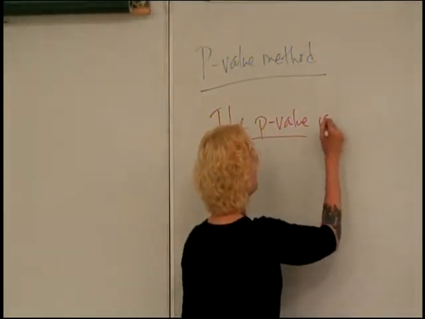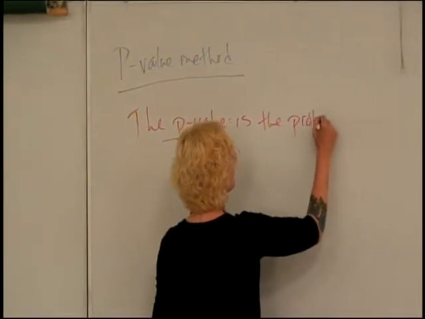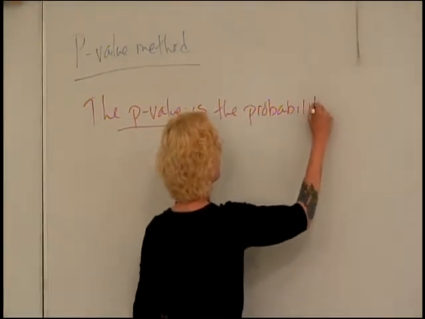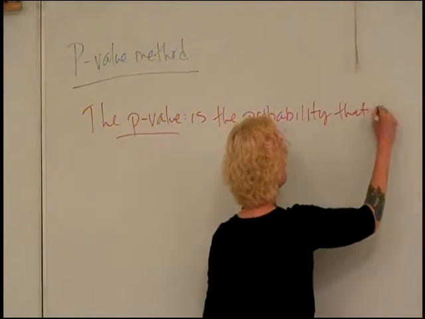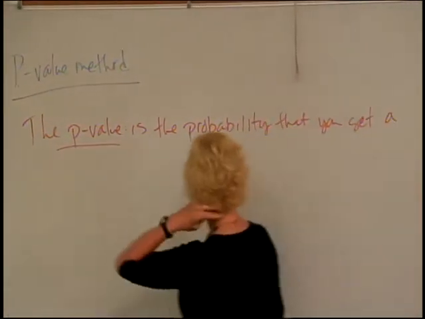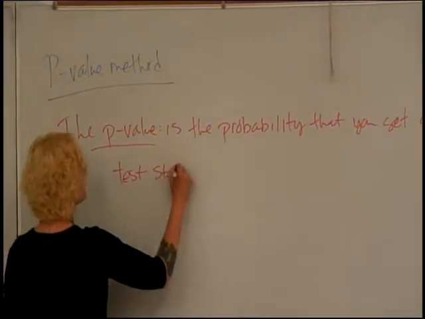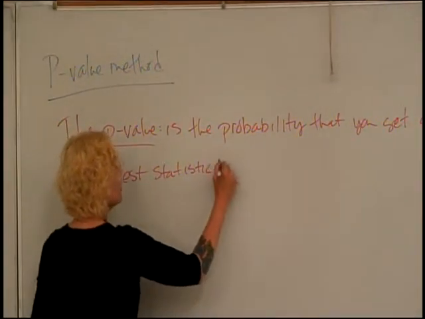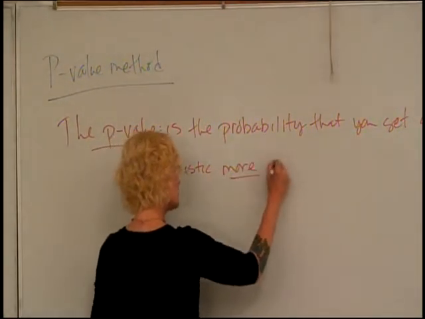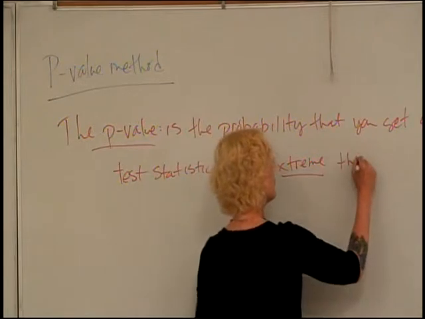So the p-value is the probability that you get a test statistic more extreme, meaning toward the tail, than the one observed.